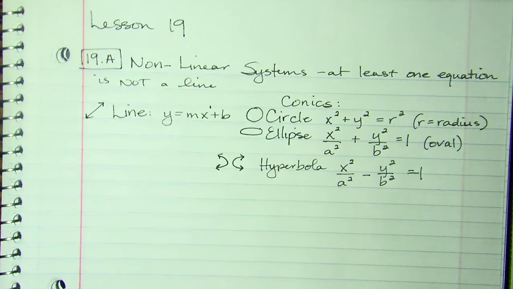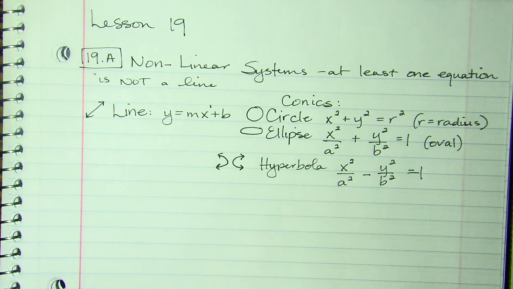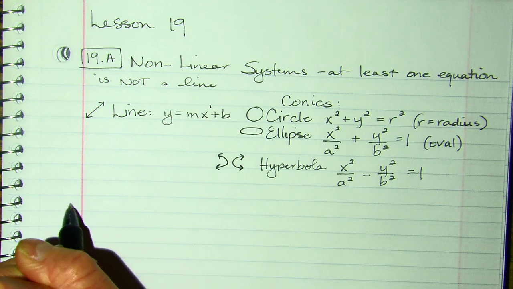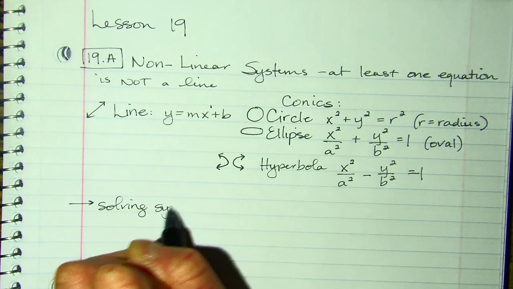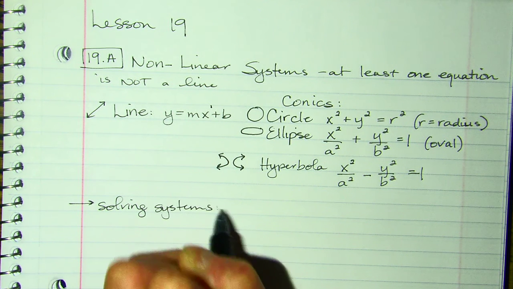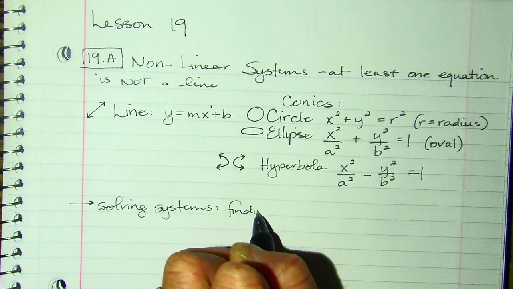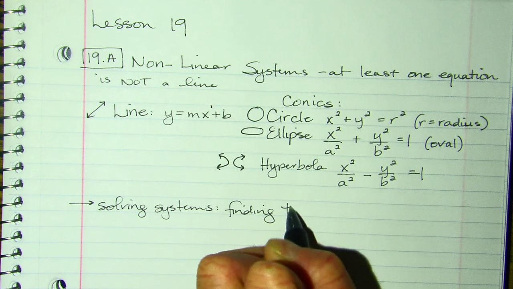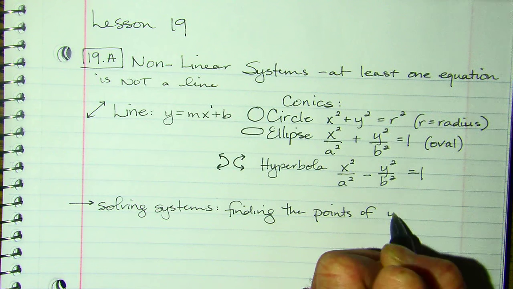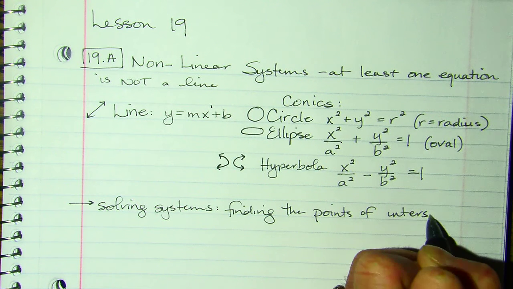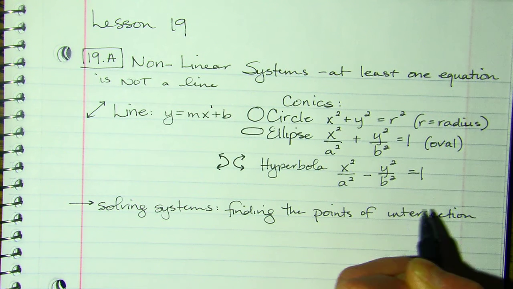So when we are solving systems today, we're finding the points of intersection. Okay?